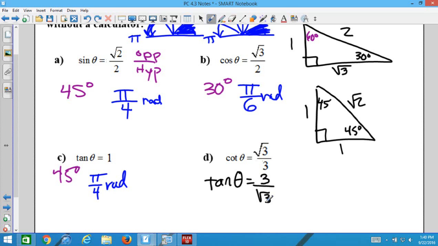So I'm going to rationalize this one. I'm going to get 3 square root of 3 over 3, which reduces to just square root of 3 over 1. And remember, tangent is opposite over adjacent. So which angle is opposite the square root of 3? 60 degrees.